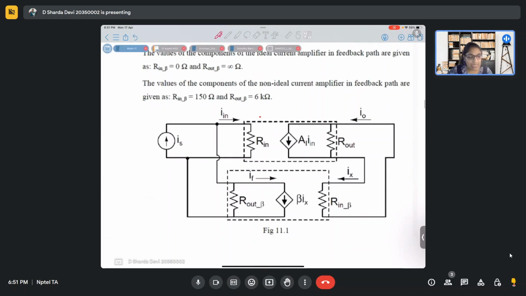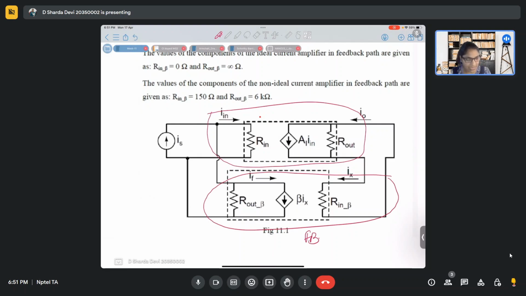See, here if you observe the circuit very carefully, this is the forward path, right? And since the output is being fed back, this is the feedback path. This is clear to us, right?